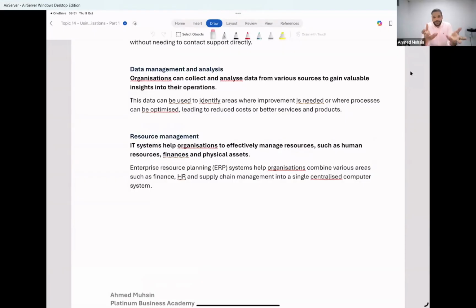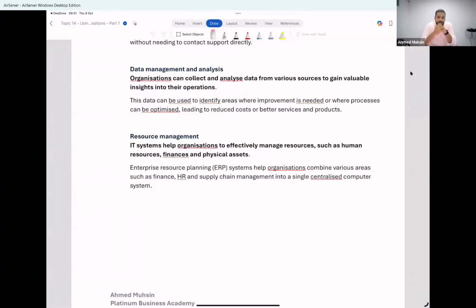Data manipulation, big data. You're collecting a lot of data. You want this data to make sense to you. So you can use an IT system to make sense out of the data that you collected. This data can be used to identify areas where improvement is needed or where processes can be optimized, leading to reduced costs or better services and products. Everybody okay with this? Right.